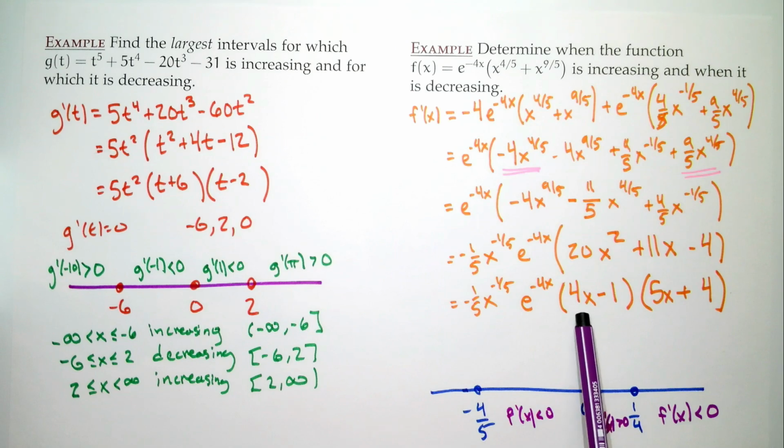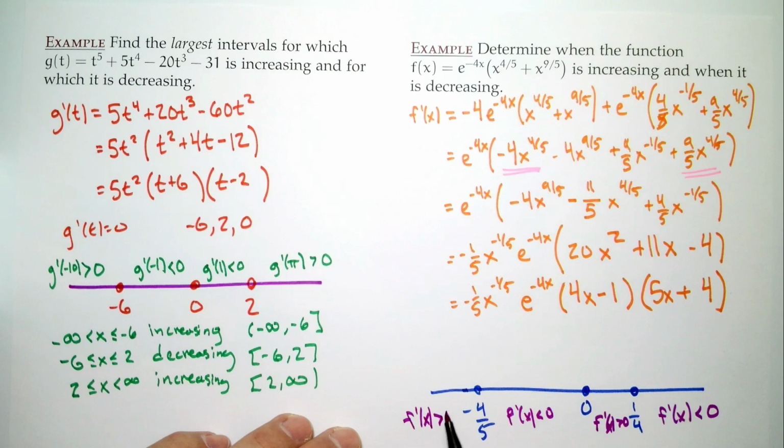Okay, minus 4 minus 1? Negative. Minus 5 plus 4? Negative. So we get 1 negative, 2 negatives, 3 negatives, 4 negatives. Put them together, we get positive. All that negativity canceled out. So that says that we're increasing below negative 4/5.